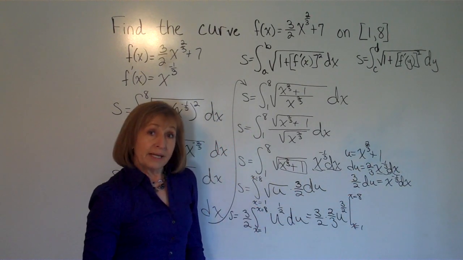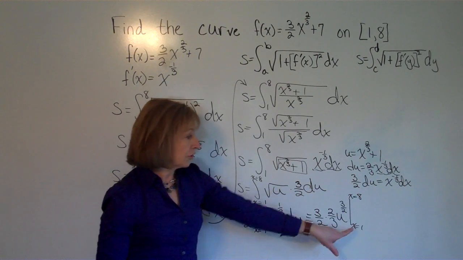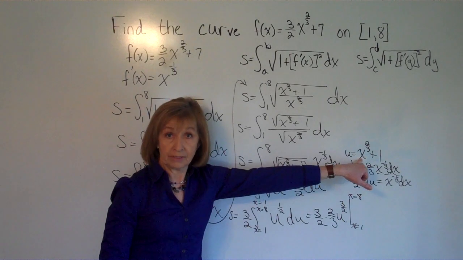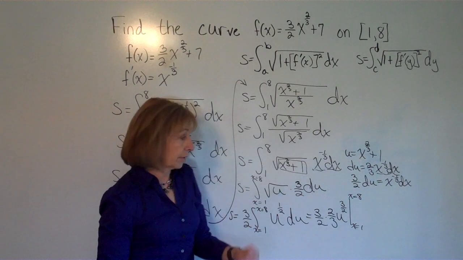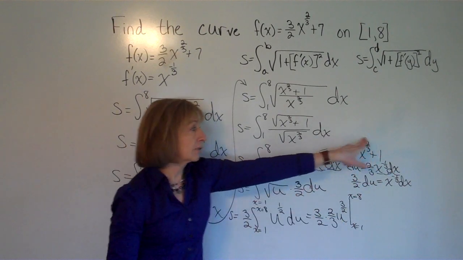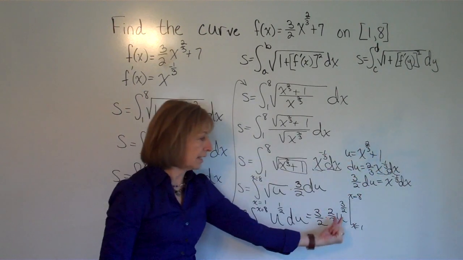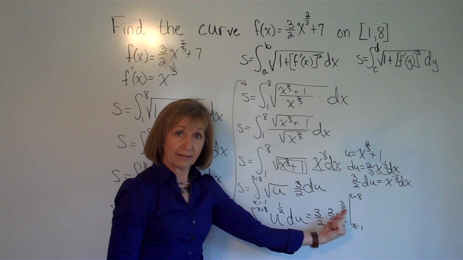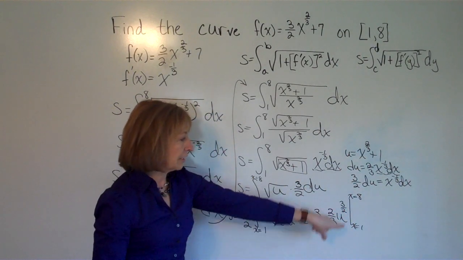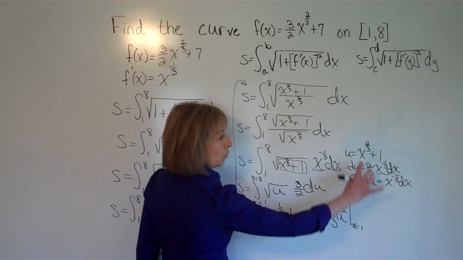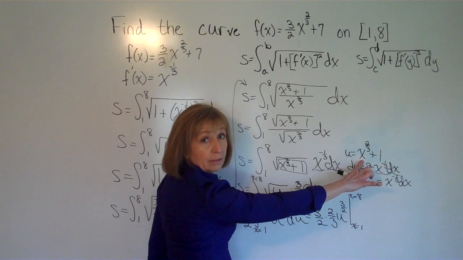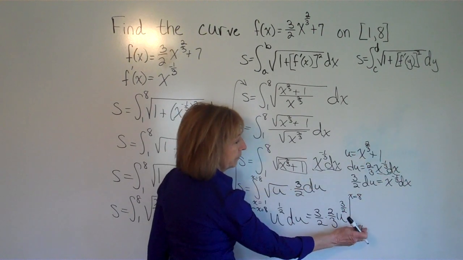You can go one of two ways here. You can switch your x coordinates over to their expression in u's and plug it in, or you can go back to x's, make your replacement back to the x to the 2/3 plus 1 that is being raised to the 3/2 power, and then plug in the 8 and the 1. I'm going to switch these over to u's. So if x is 1, 1 to the 2/3 power is still 1. 1 plus 1 is 2.